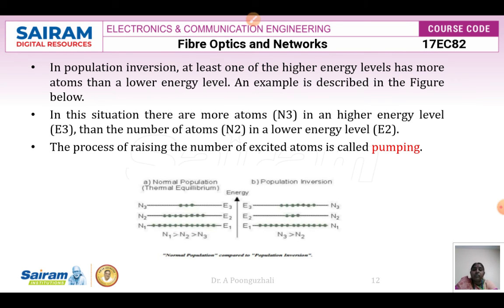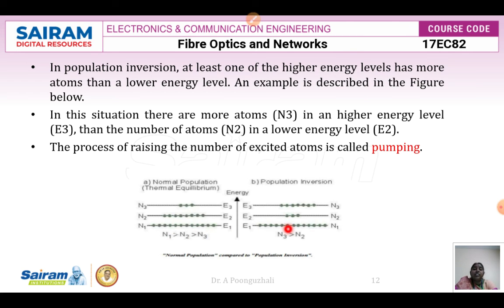So this is your normal population. We have three energy levels E1, E2 and E3, where in normal population the lower state E1 has more atoms than the other two states. If the number of atoms in the lower energy level is more, we call that a normal population.